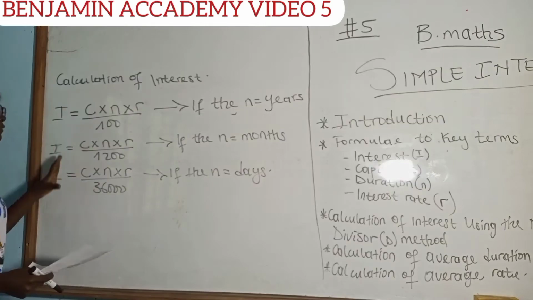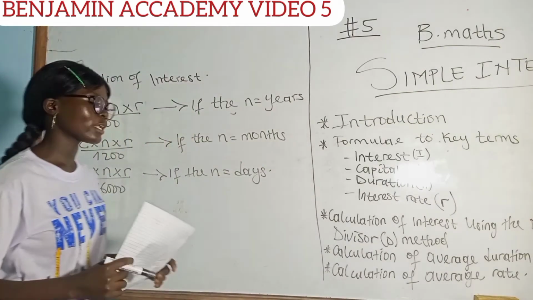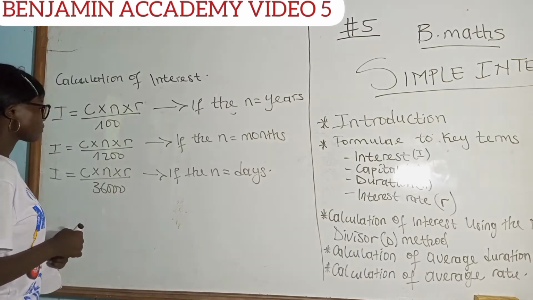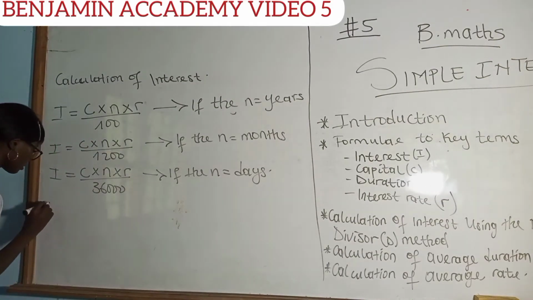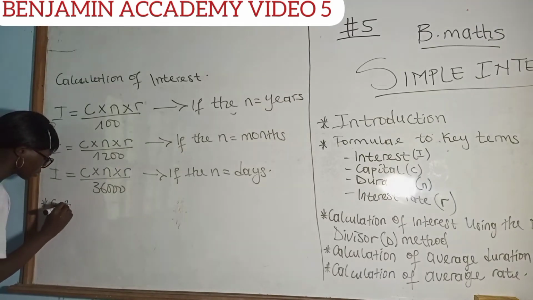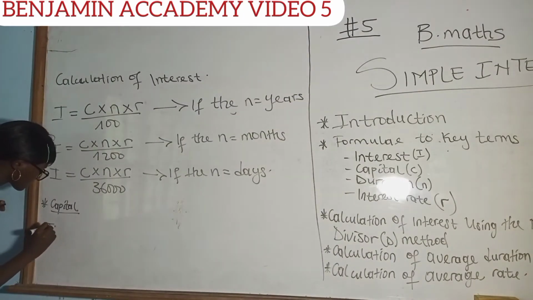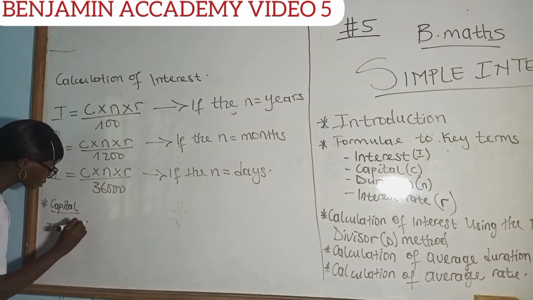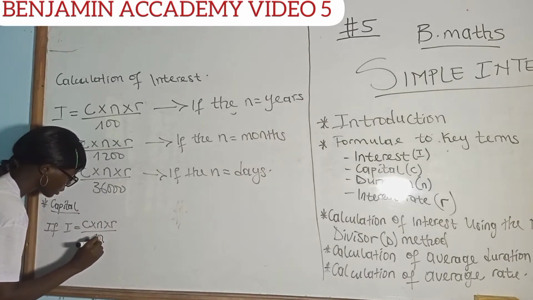Now, from this formula, we can easily look for our capital, duration, and the rate of investment. Our capital here, calculation of capital: we say interest is equal to C times N times R all over 100.